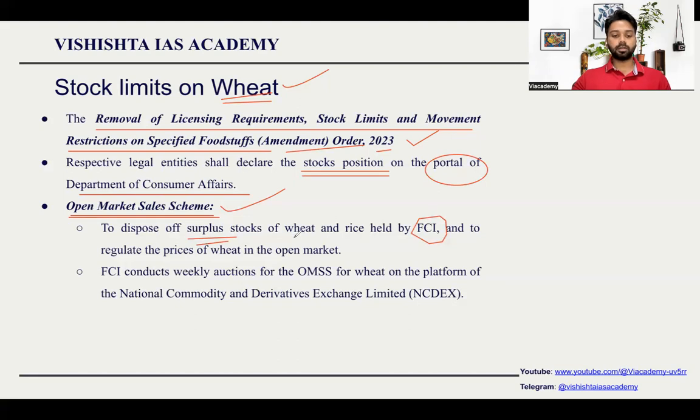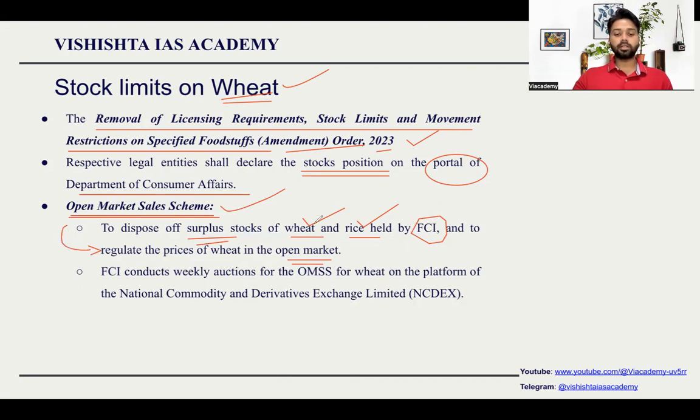So whenever there is a requirement for wheat and rice to be included in the market, the Food Corporation of India will dispose of the surplus wheat and rice in the open market. So that is why it is called the open market sales scheme.